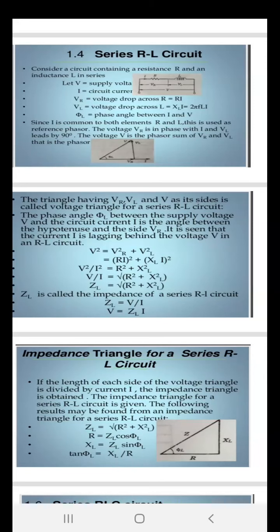V squared is equal to V_R squared plus V_L squared.